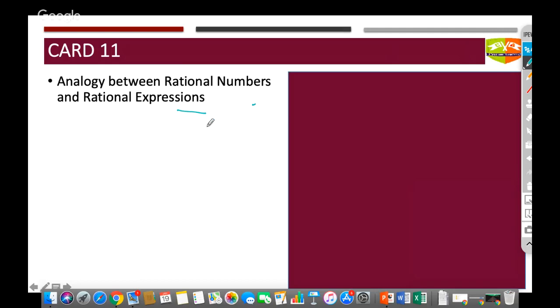What is a rational number? Any rational number can be written as m by n. Similarly, a rational expression can also be written as p(x) by q(x). We all know that n should not be equal to 0. Here also q(x) should not be equal to 0.